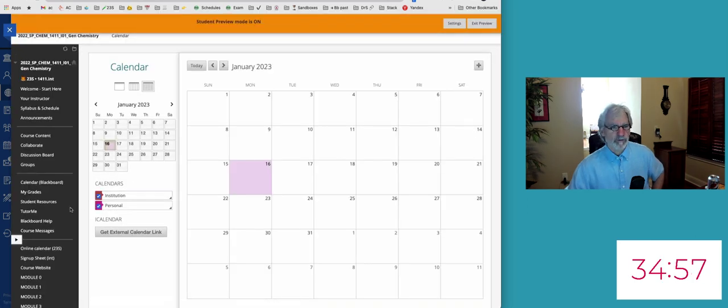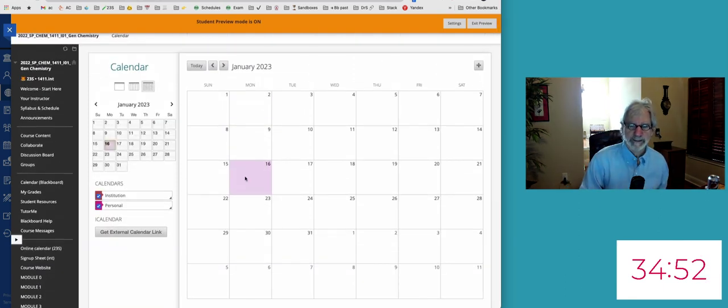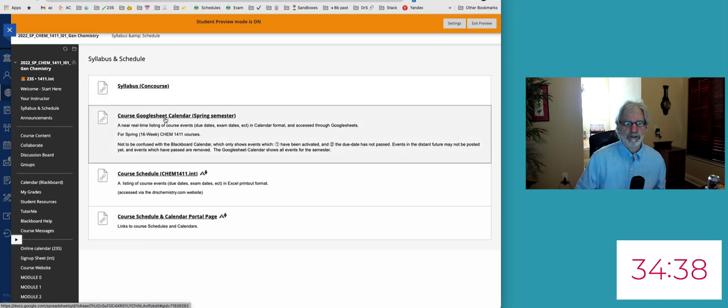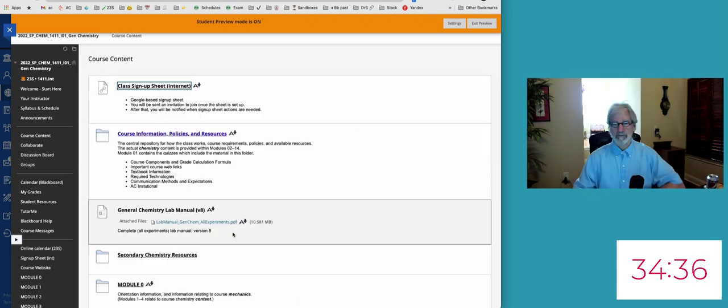All the Blackboard calendar is going to show is a list of upcoming events, things that have pending due dates. Once a due date is passed, I remove it from the Blackboard calendar. So the Blackboard calendar, in short, serves a different purpose from the Google Sheet calendar.